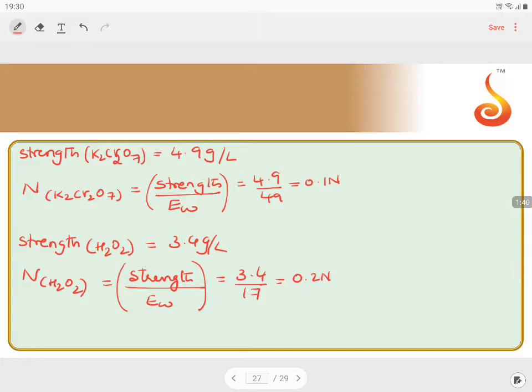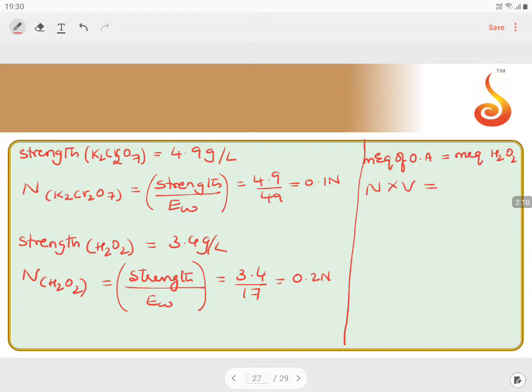So now the question is simple. K2Cr2O7 is utilized for complete oxidation of H2O2. What volume of K2Cr2O7 is required? So milliequivalence of oxidizing agent is equal to milliequivalence of H2O2. When I say milliequivalence, it is normality of oxidizing agent into volume.